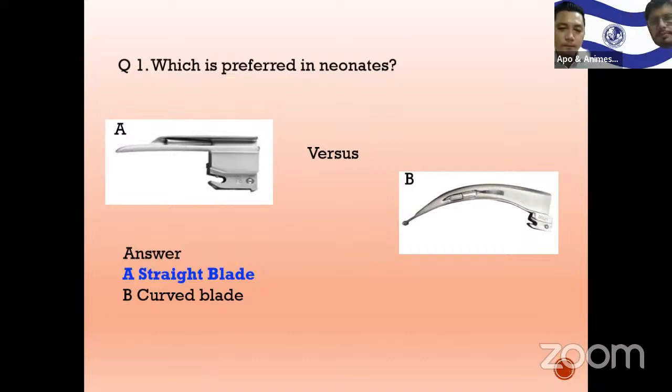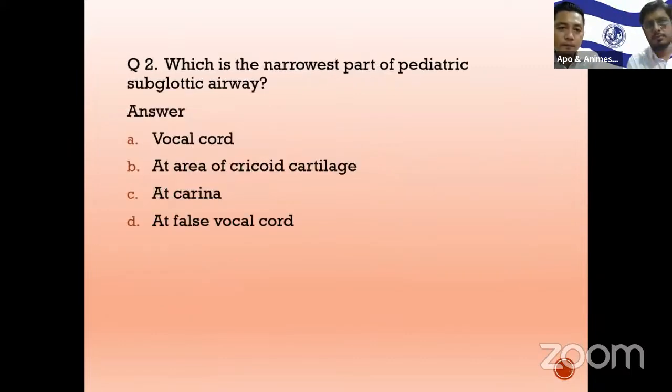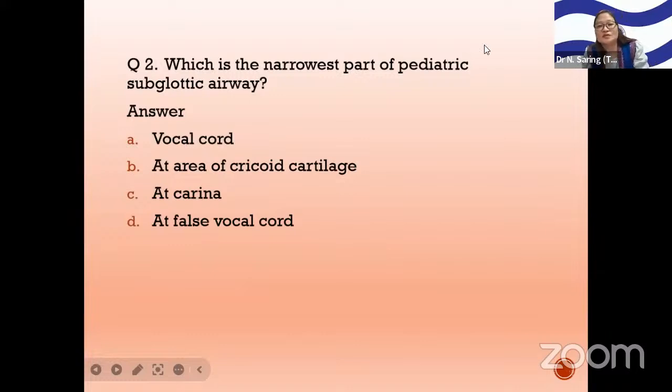Next question. One more we're going to ask. Which do you think is the narrowest portion in the airway? That is in the subglottic region. You can mention the options also, madam. Yeah. Vocal cord, at the area of cricoid cartilage, at carina, at the false vocal cords.